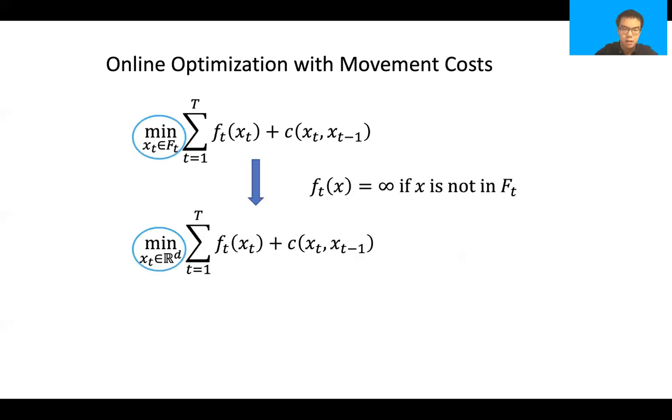A common approach used to simplify this problem setting is to absorb the feasible set Ft into the hidden cost function by doing a value extension. Specifically, we set ft(x) to infinity if x is not in the feasible set. Notice that this will not affect the convexity of the hidden cost function if Ft is convex.